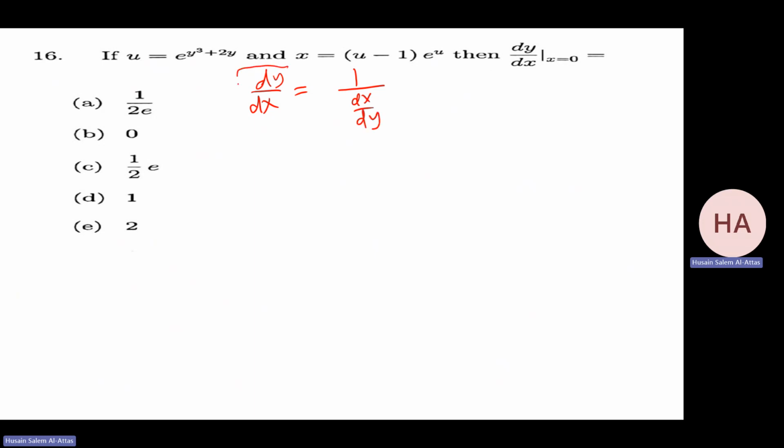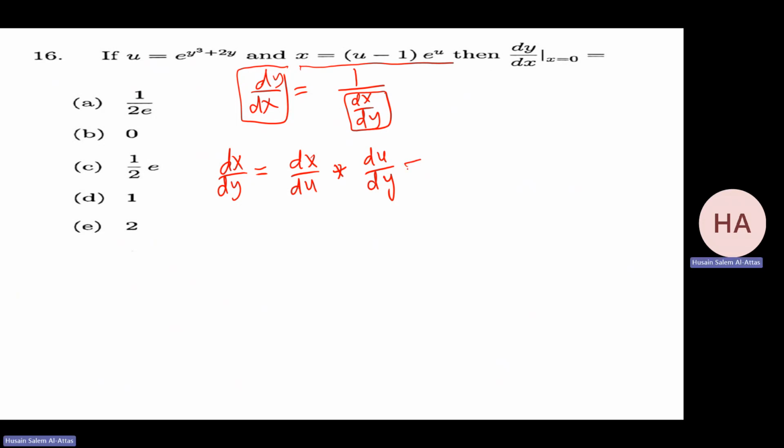So instead of dealing with this, I will deal with this, which will make the calculation easier. Now we have dx/dy. It will be dx/du times du/dy. What is dx/du? I can do the derivative right away. That will be the derivative of this with respect to u.